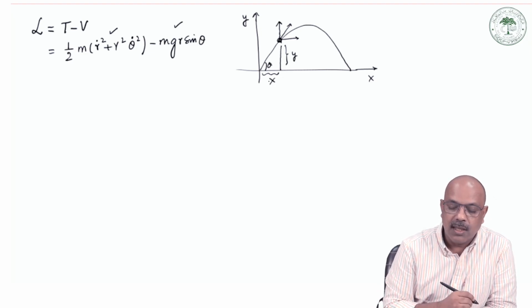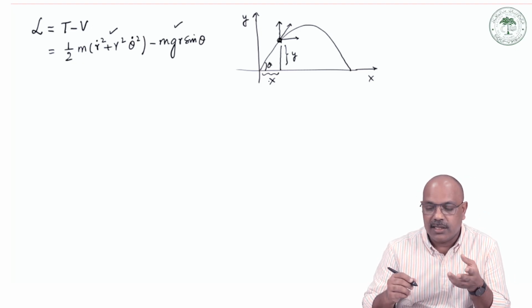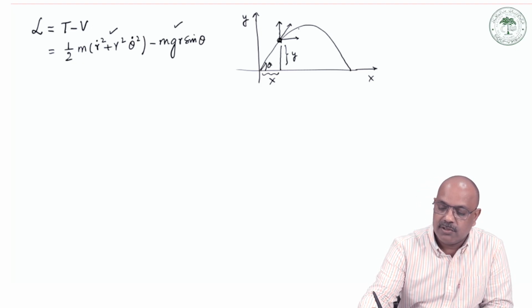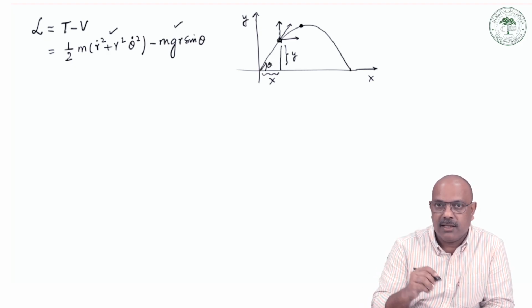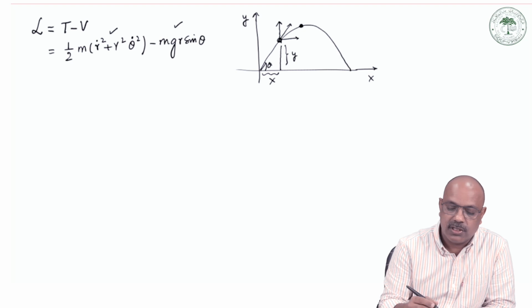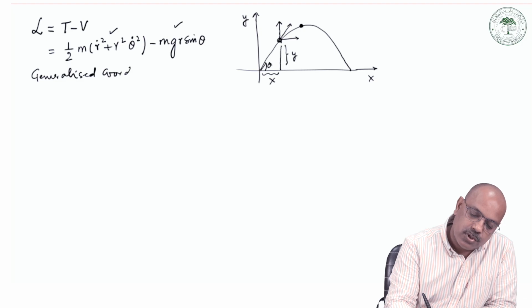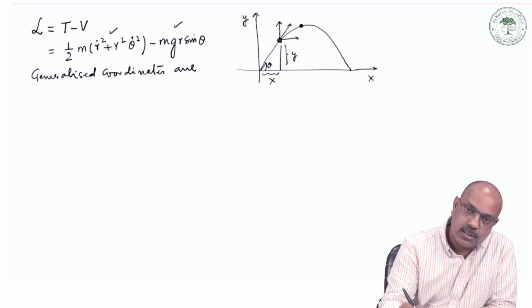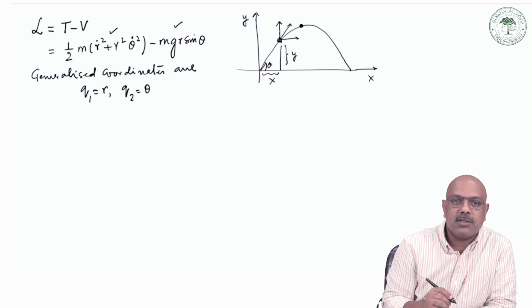The generalized coordinates in this case are r and theta, because r is varying wherever the projectile is, and correspondingly theta is also varying. So the generalized coordinates are two in number, one is r and the second is theta.